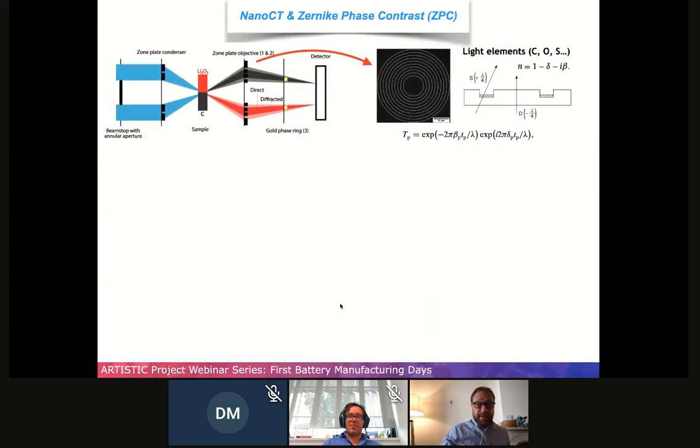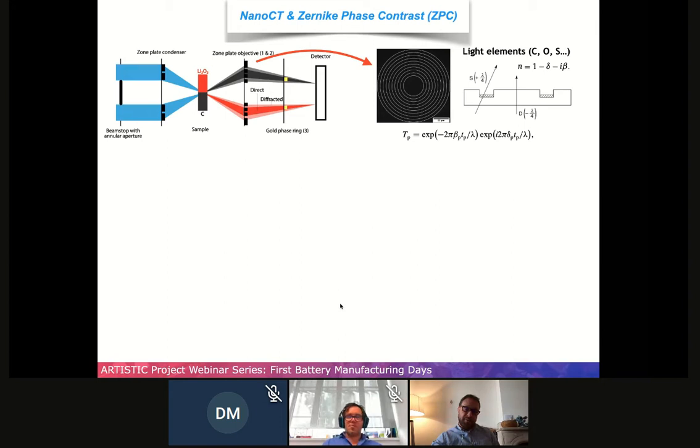Then there is another development around this X-ray imaging, based on the phase contrast. We call that Zernike contrast. So we can use the amplitude of the wave, but also the phase of the wave.